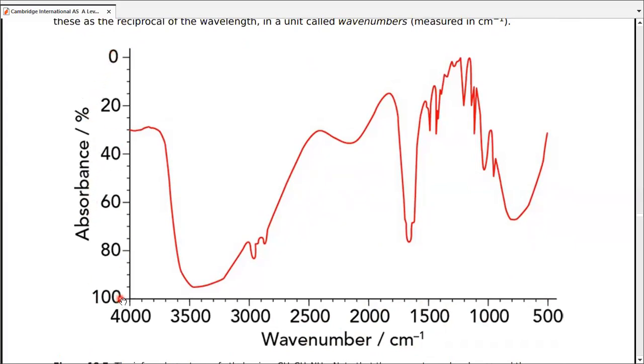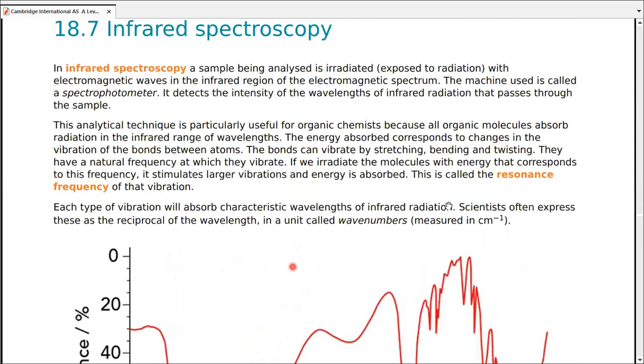from 0 to 100%. Now, the lower the graph curve goes, closer to the x-axis, the higher has been the percentage of absorbance of that IR, which means that we were closer to the frequency, or we exactly reached the frequency which we have been calling the resonance frequency.